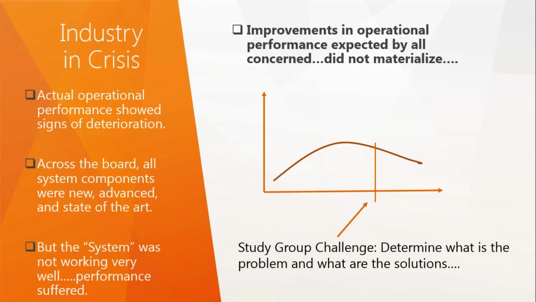The system was not working very well, and we weren't exactly sure why that was, and so the study group was formed. I was a member of that, and improvements in operational performance expected by all concerned did not materialize. We had to fix that, and we had to fix it fairly quickly.